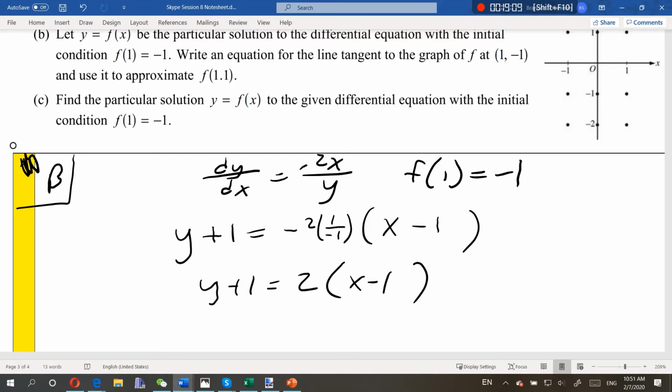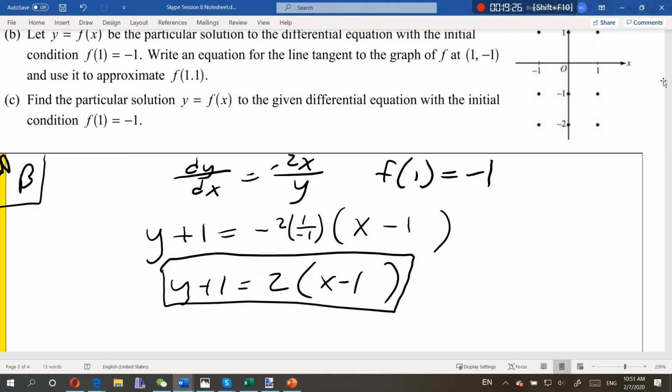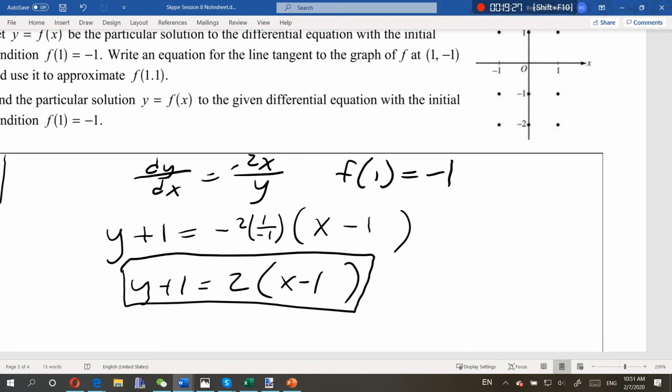And I'm going to use it to estimate what the y value at 1.1 will be. So I'm going to plug in 1.1 for my x value, and we'll see what our y value ends up being. Let me box this in really quick, because that was the first part they asked us for. I'm actually going to make a new line, because they had two parts to this question. So y plus 1 equals 2 times our x value, 1.1, minus 1.